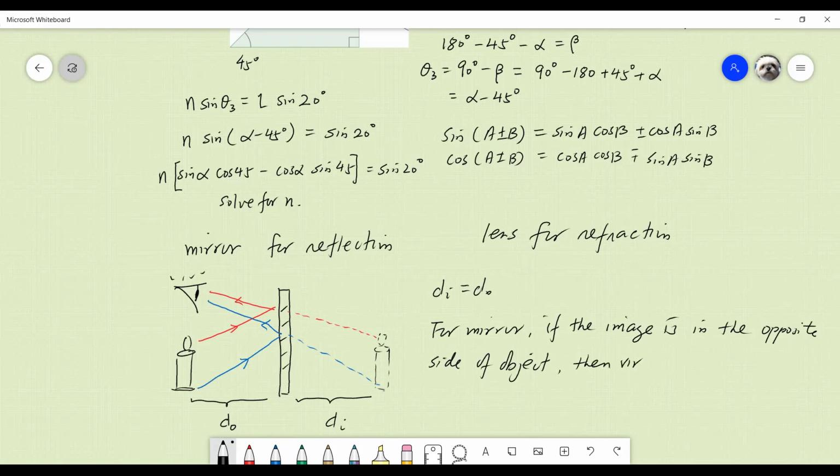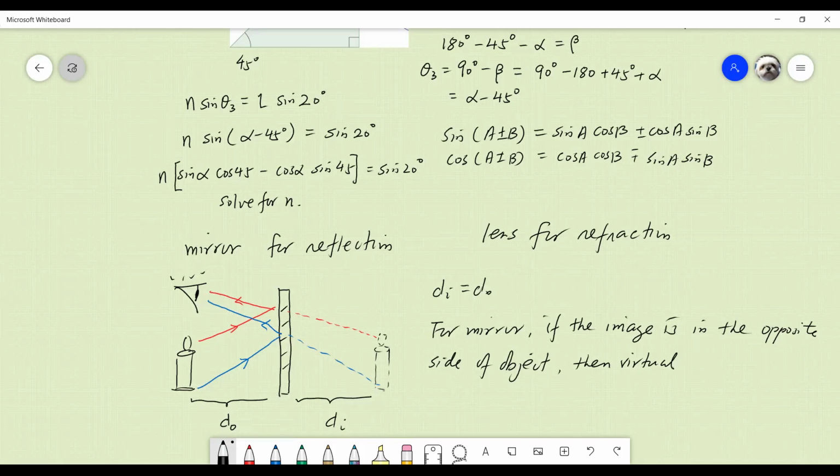The image and the object are on the opposite side of the mirror, right? Is that right? Yes. So therefore they are virtual, right? For a mirror, it's always like that.